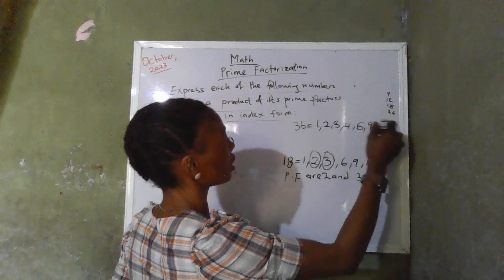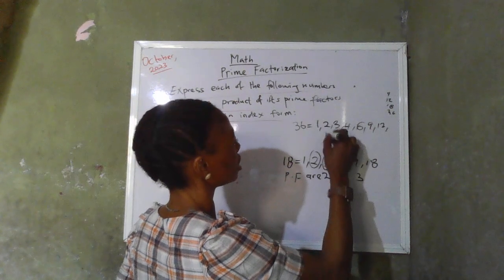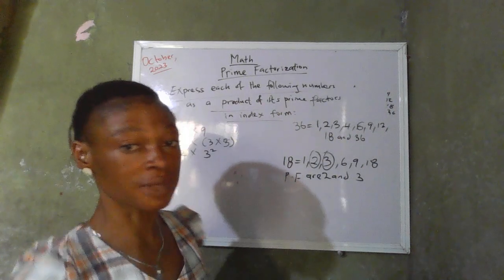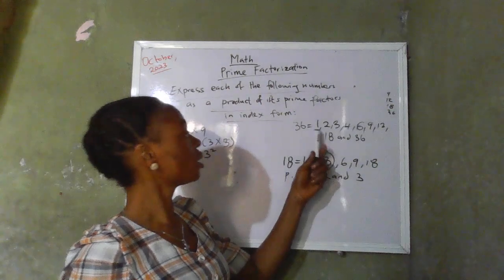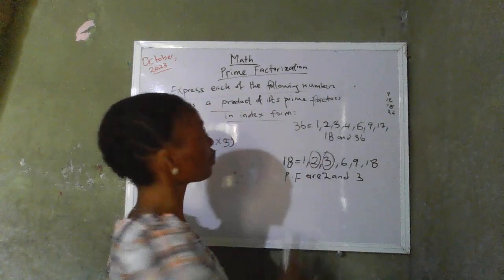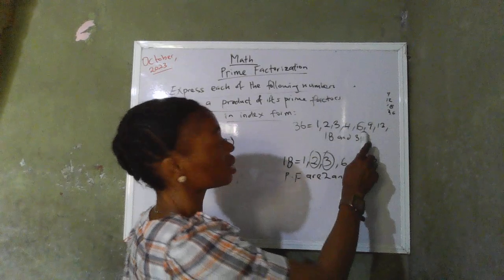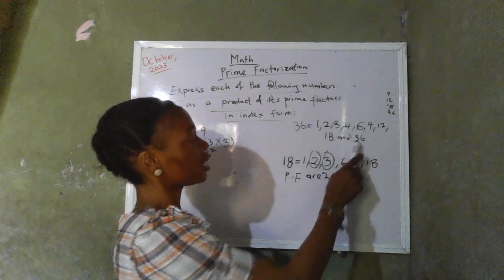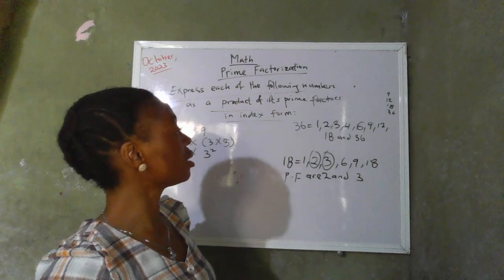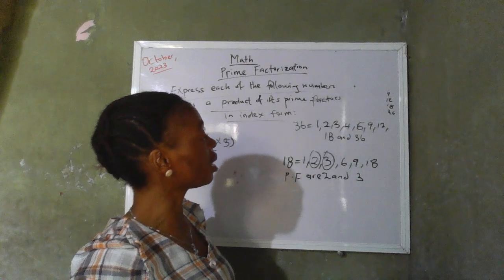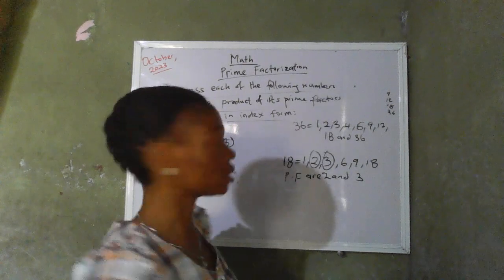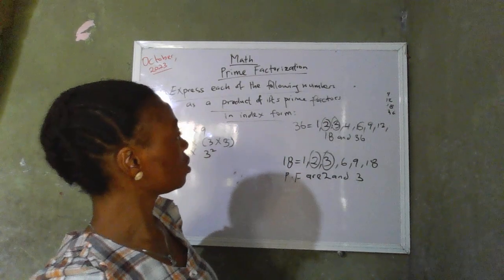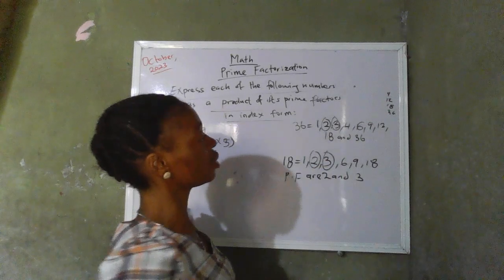Factors of 36 we have 1, 2, 3, 4, 6, 9, 12, 18, and 36. Now, let's identify its prime factors. We have 2, 3, that's all. Others are divisible by more than itself and 1.